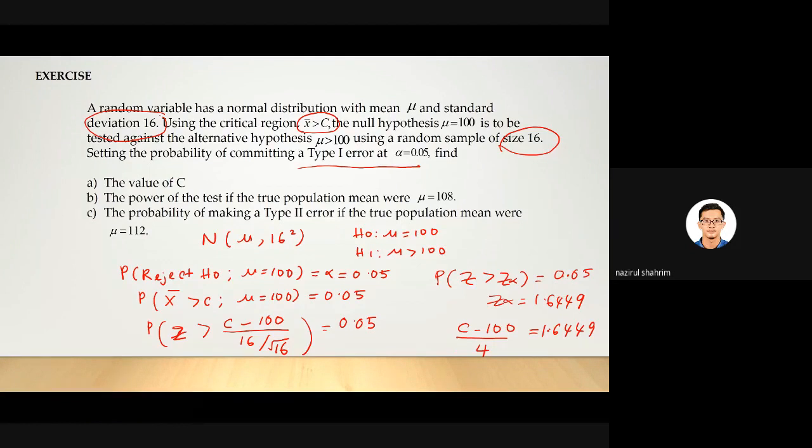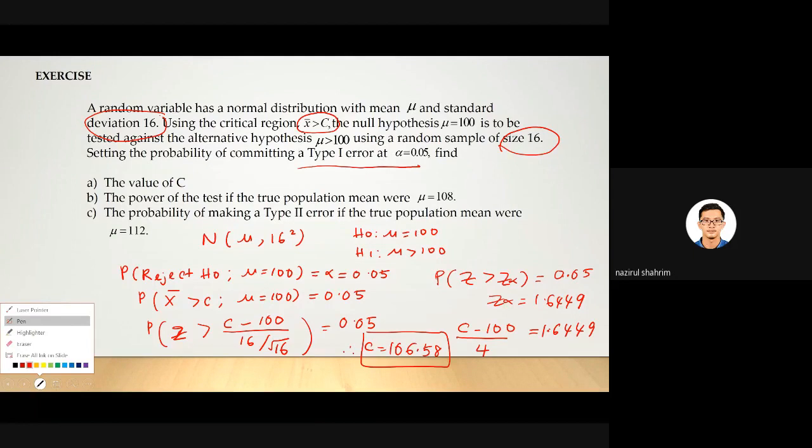So the value for C is equals to 106. So ambil 2 decimal point. So 106.48. Okay, so you have the value C is equals to 106.48.